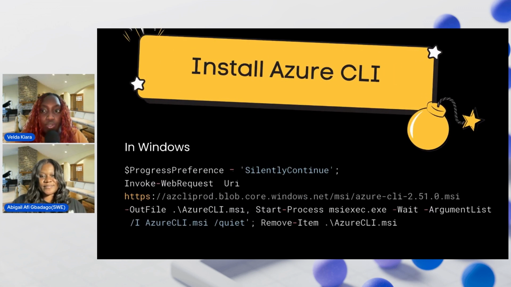In Windows, you would have to start up PowerShell as an administrator and then run this particular command. After running this command, hopefully everything went well and you didn't get any errors. You should actually be able to type in az or az --help to see if you have actually installed it.